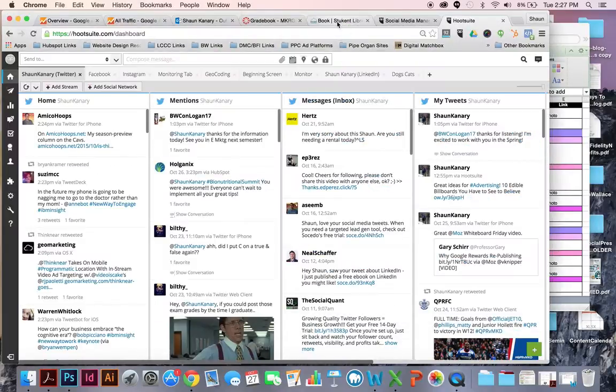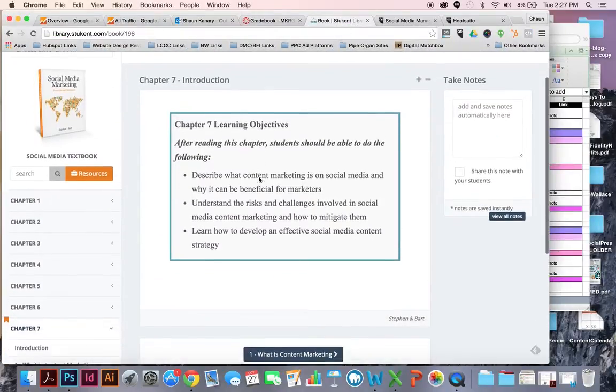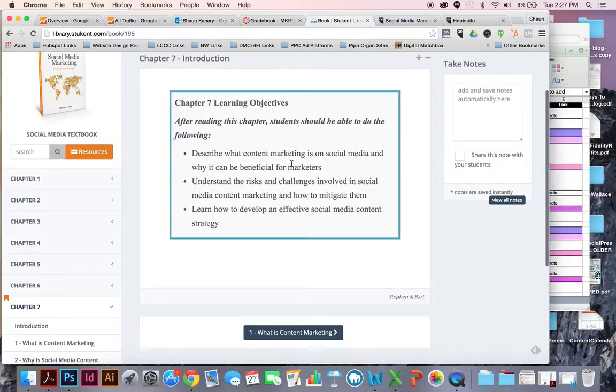So in Chapter 7, in your Stuart Kent book, the learning objectives are to describe what content marketing is on social and why it can be beneficial for marketers, understand the risks and challenges involved with social media content marketing and how to mitigate them, and learn how to develop an effective social media content strategy.